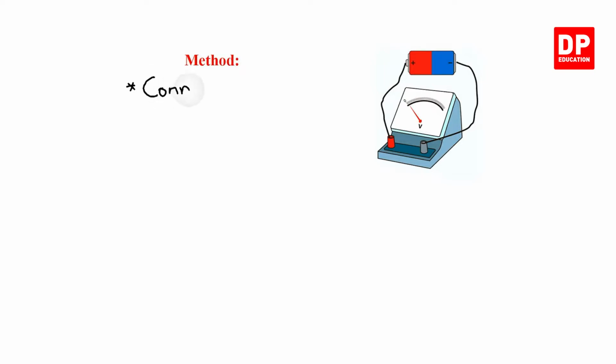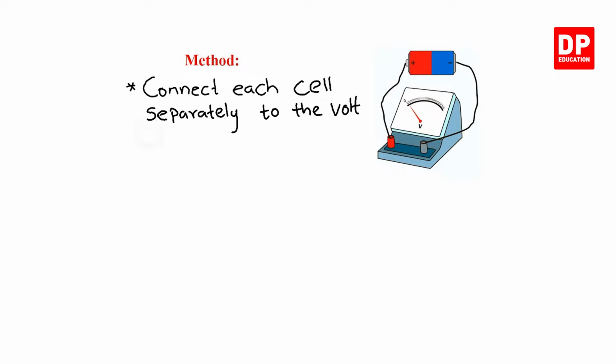Connect each cell separately to the voltmeter, then record the voltage reading.